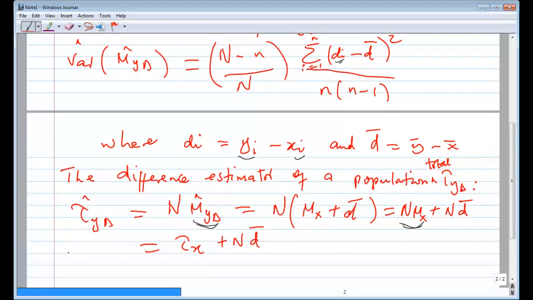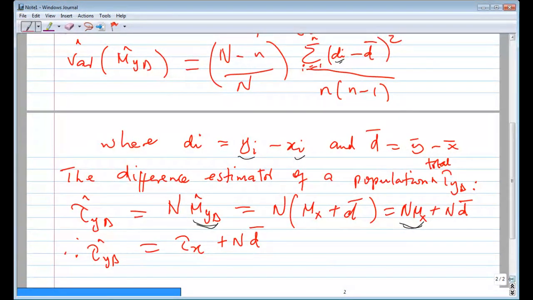Okay, all in all, tau yd estimate, which is the estimated population total under difference estimation, is equal to tau x plus N d bar. So this is the formula that you can use to estimate the population total. Are we together?